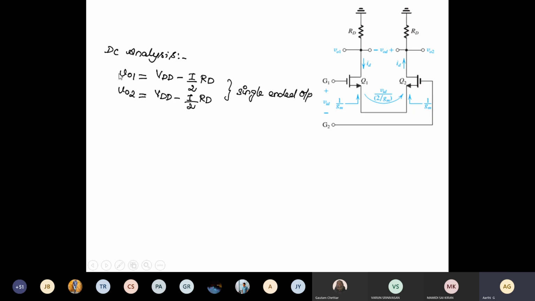So the output voltage across both the transistors will be V01, which is VDD minus I by 2 RD, and similarly V02 will be VDD minus I by 2 RD. These both we call single-ended output. Single-ended output means we are taking across a single transistor. This VOD represents the difference of V01 and V02, which we call differential output.